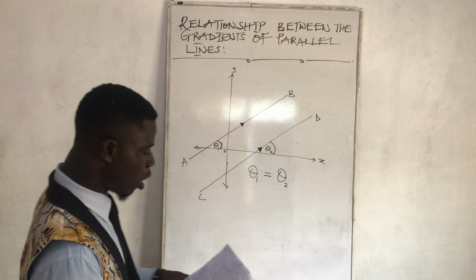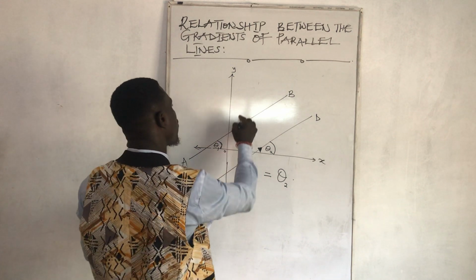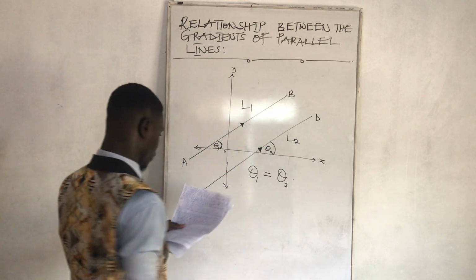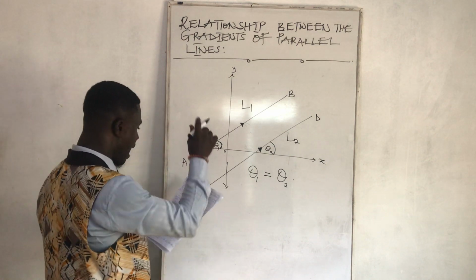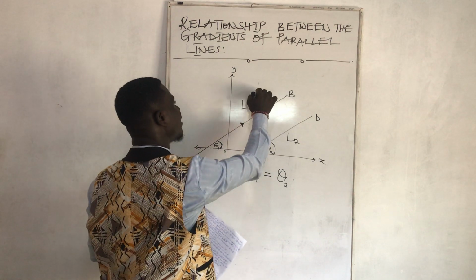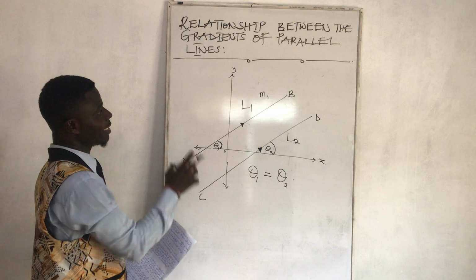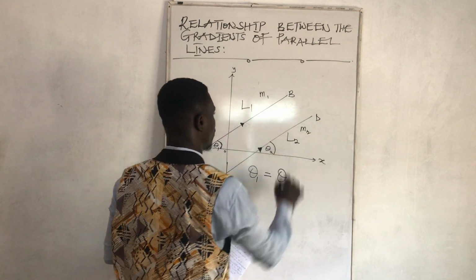So what we mean here is that if line L1 and line L2 are parallel, then M1 equals M2. L1 has a gradient, let's say M1, that's the gradient for L1. Then let's name here M2.